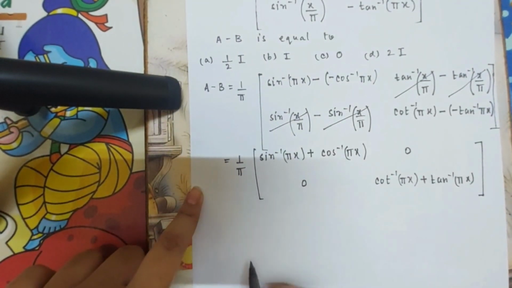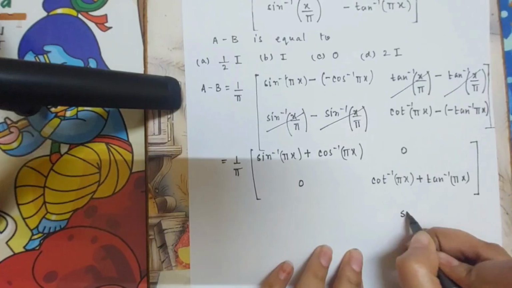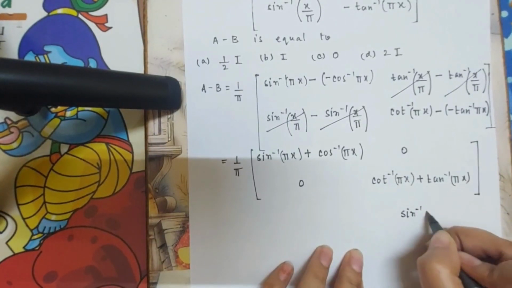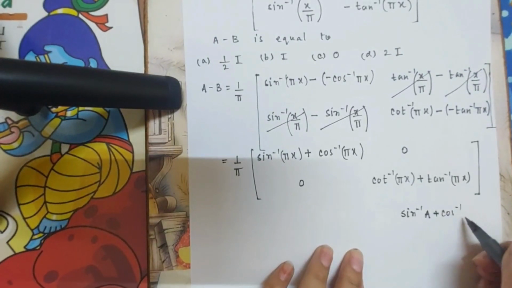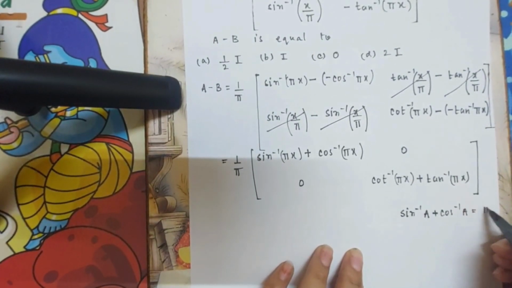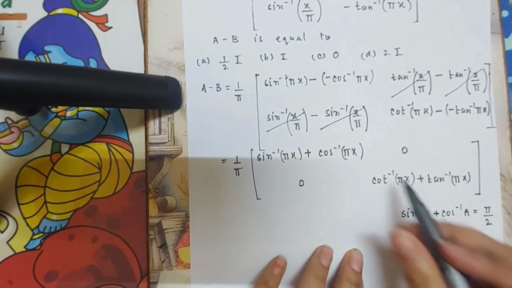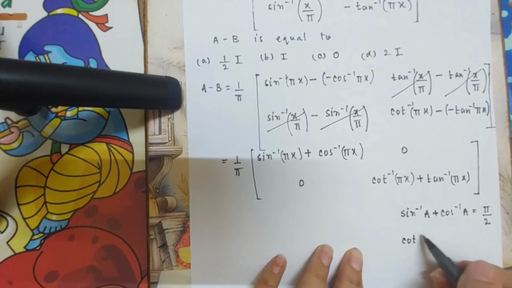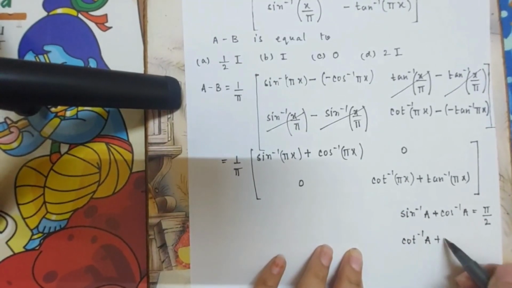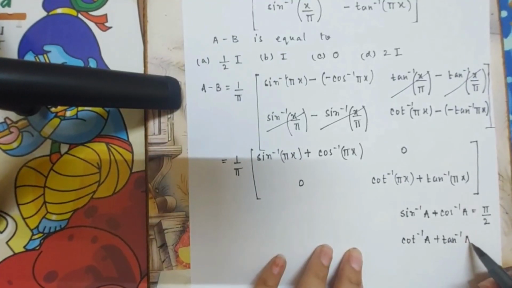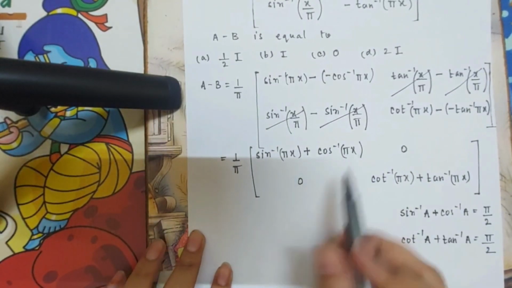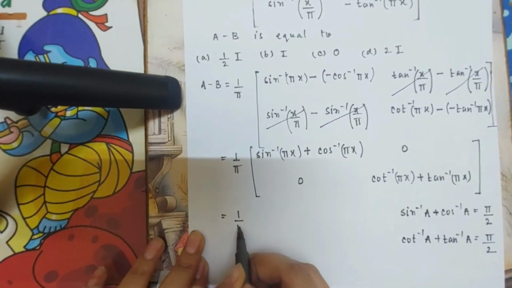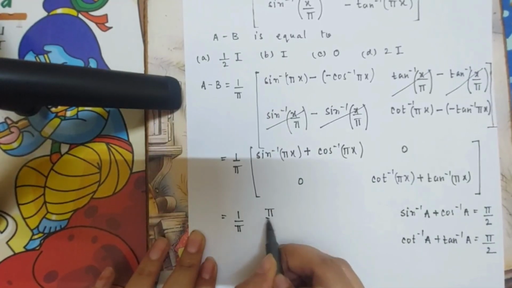So we already know that sin inverse of A plus cos inverse of A will be equal to pi divided by 2. In the same way, cot inverse of A plus tan inverse of A is also equal to pi divided by 2. So I'll be able to replace sin inverse pi x plus cos inverse pi x by pi by 2.